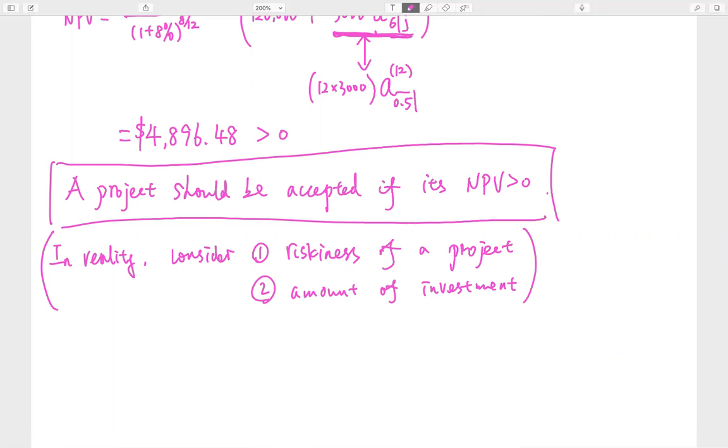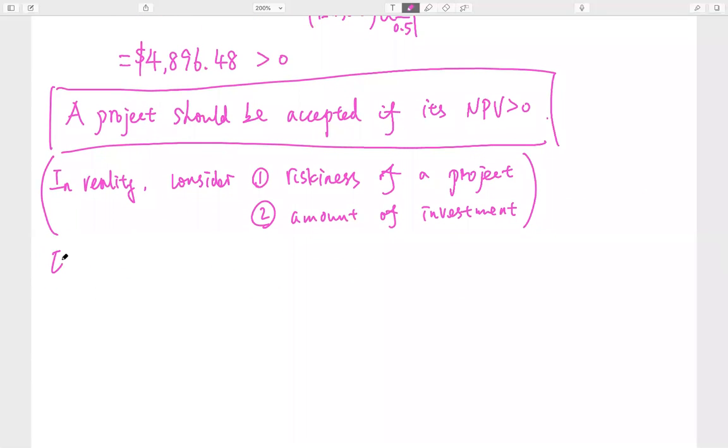We actually have another example, so let me do one more example, and then we will close this video. This is example 5.1. A project requires an initial investment of, okay, so those are money out, put negative. So this is at zero.